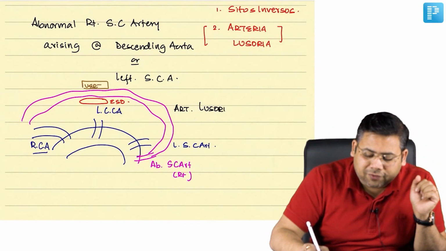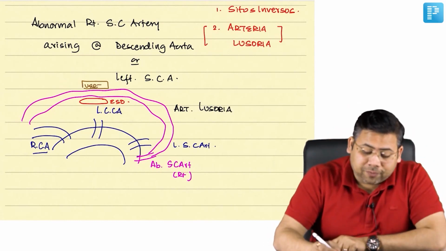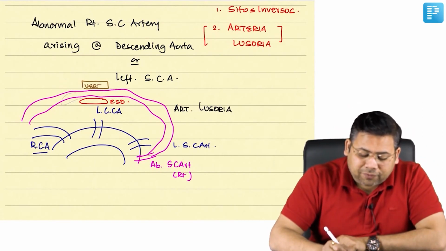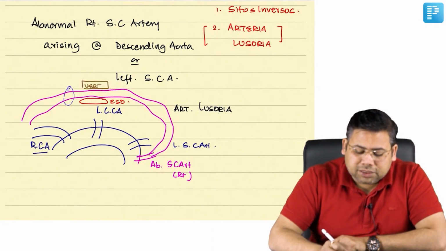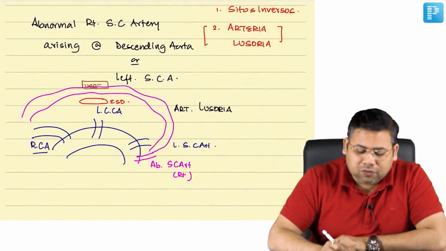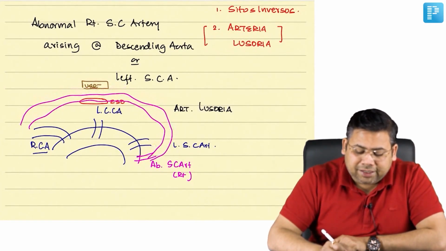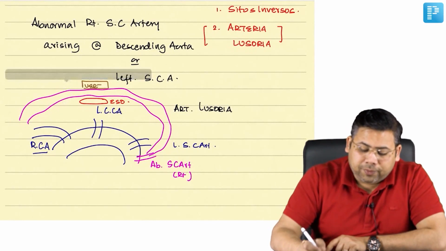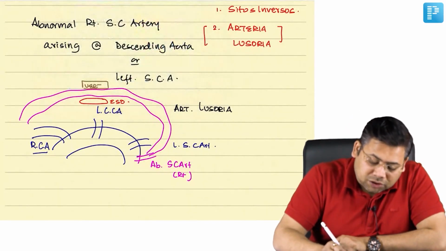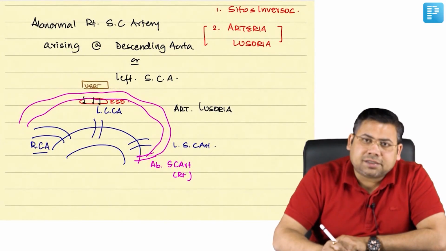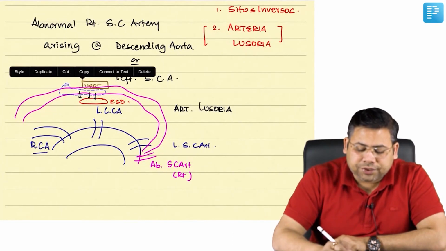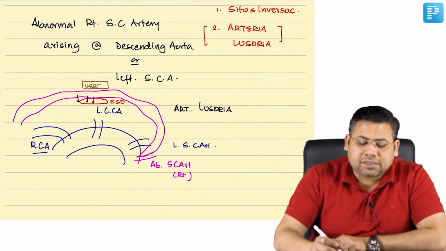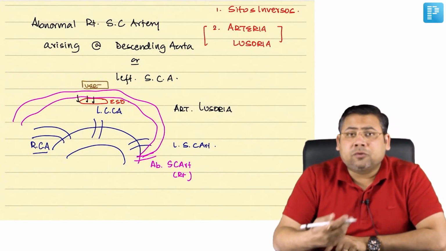Now try to understand why this is a problem. This is a right subclavian, and being a right subclavian, it will always have pulsations. The pulsation of this vessel will always cause a posterior indentation. Can you see the pulsations? The pulsations will cause posterior indentation on the esophagus, and that is why it will cause intermittent dysphagia to this patient, and hence this is known as dysphagia lusoria.